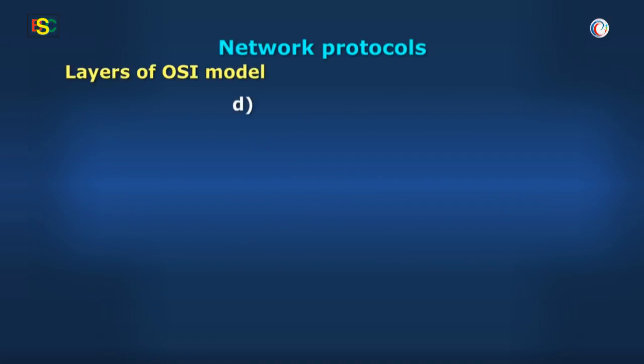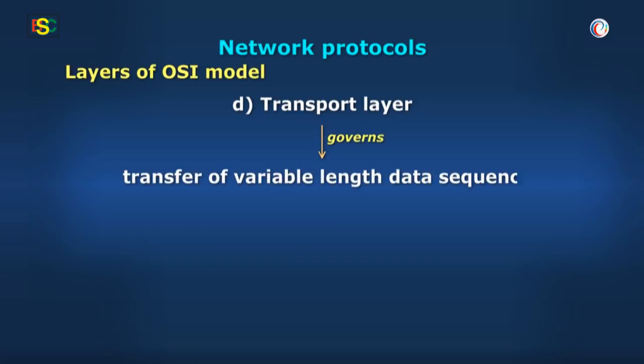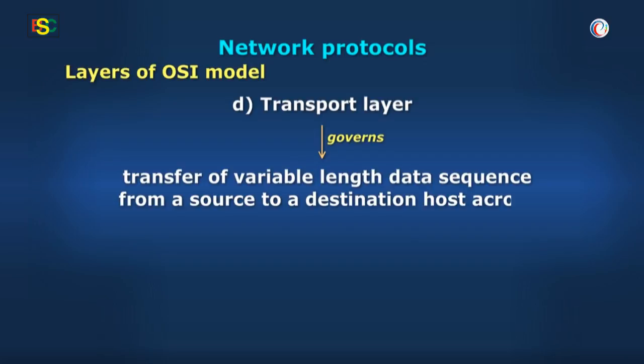D. The fourth layer in this model is the transport layer. It governs the procedure of transferring variable length data sequence from a source to a destination host across one or more networks.